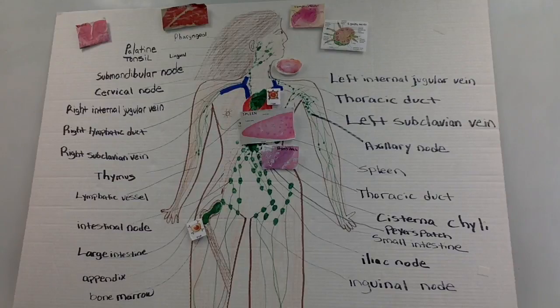This transport system begins in the lymphatic capillaries. These capillaries weave between tissue cells and blood capillaries in the loose connective tissues of the body. It is important to know that they are absent from bones, teeth, bone marrow, and the entire central nervous system.